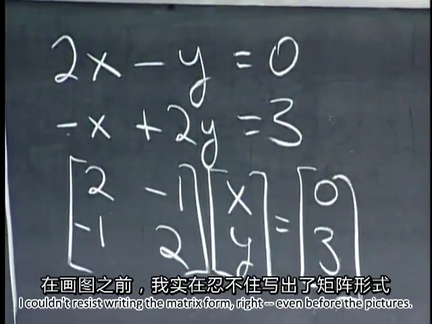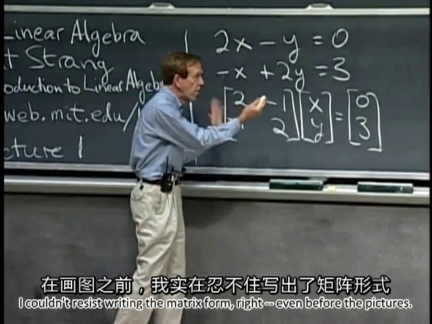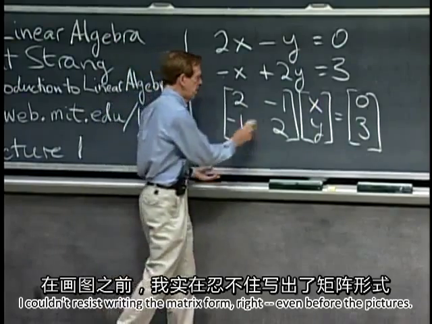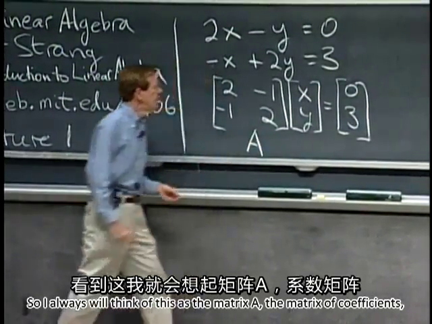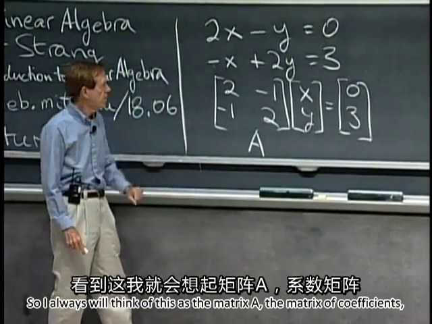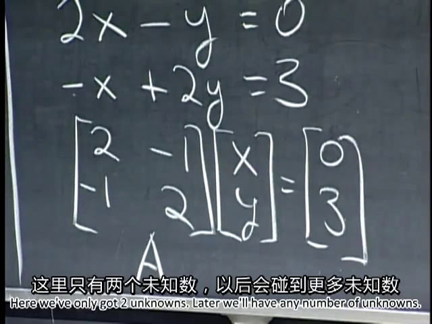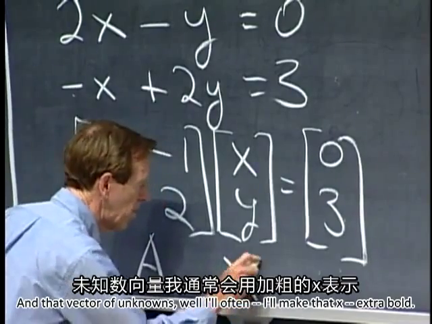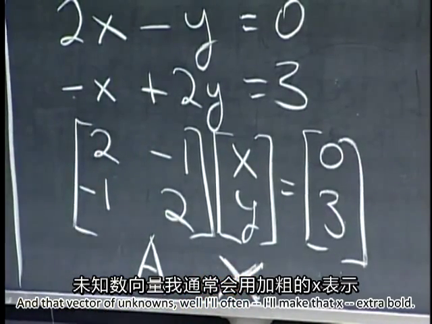I couldn't resist writing the matrix form even before the pictures. So I always will think of this as the matrix A, the matrix of coefficients. Then there's a vector of unknowns. Here we've only got 2 unknowns. Later we'll have any number of unknowns. And that vector of unknowns, I'll make that x extra bold.